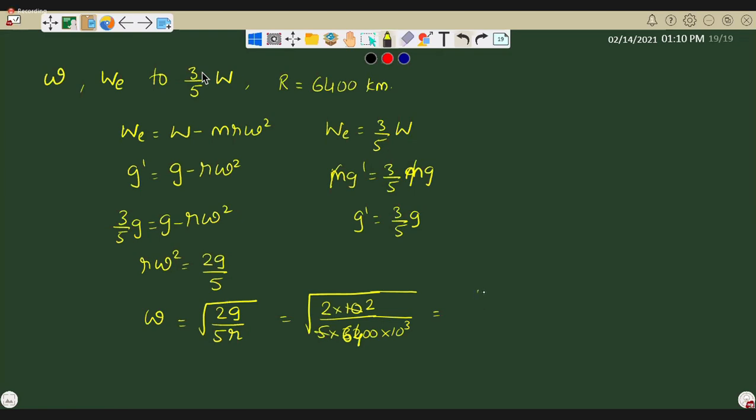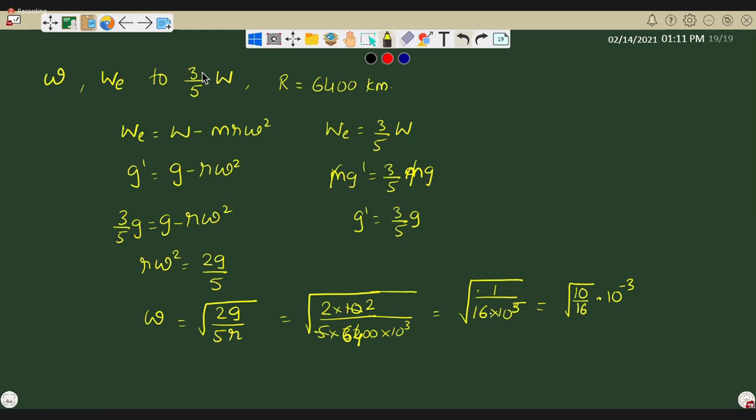So under root 1 by 16 into 10 power minus 6.